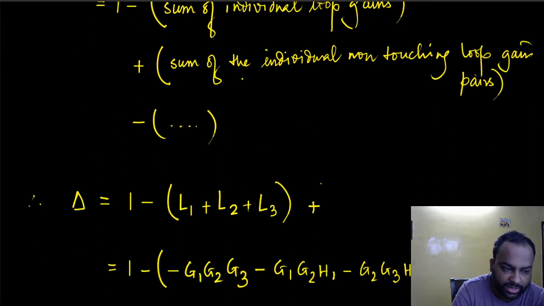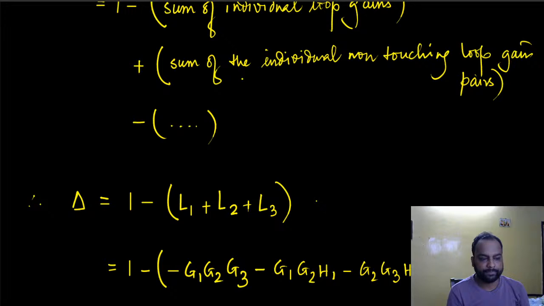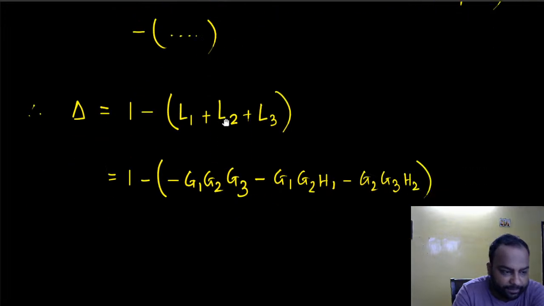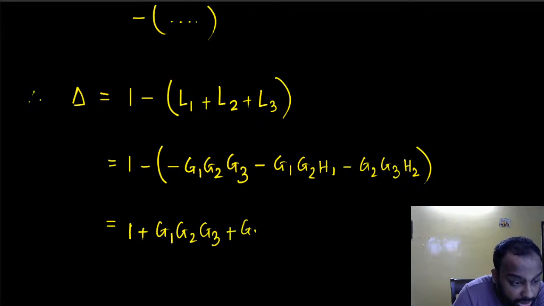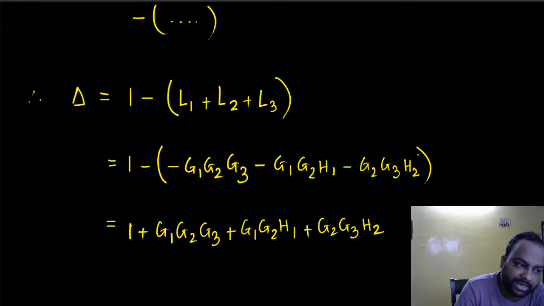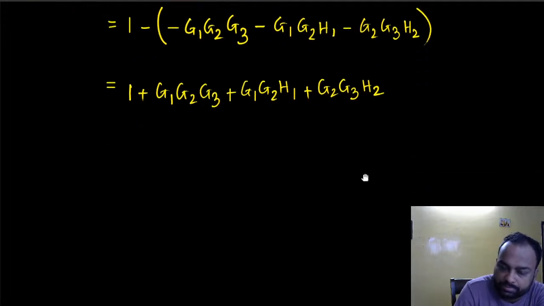So for this particular scenario, that's the end of delta. If I simplify, this becomes 1 plus G1, G2, G3 plus G1, G2, H1 plus G2, G3, H2, something like that. So that's delta.